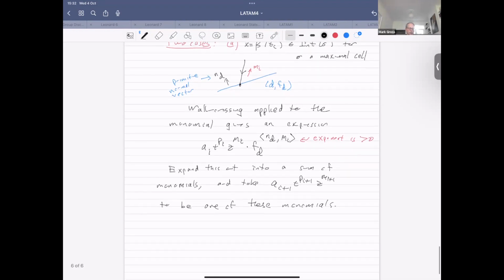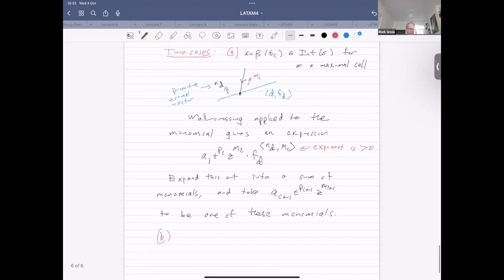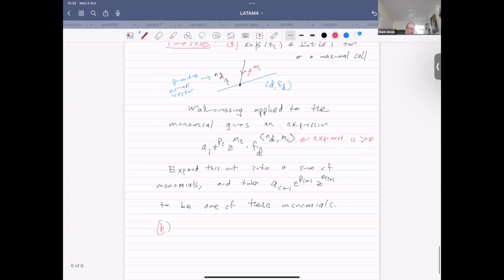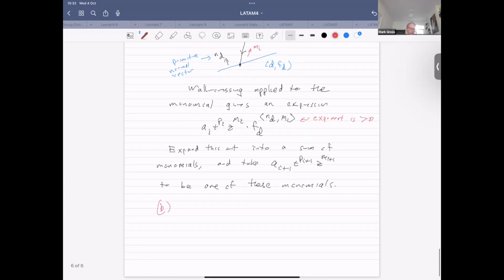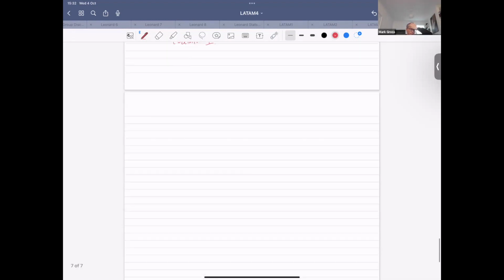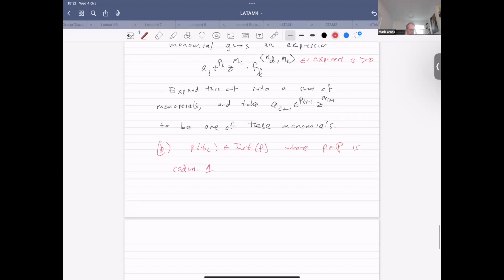The other case, case B, is when we cross a wall contained in a codimension 1 cell of P. So beta of Ti lies in the interior of rho, where rho is codimension 1 in P. Okay, so if you recall, I had a ring.